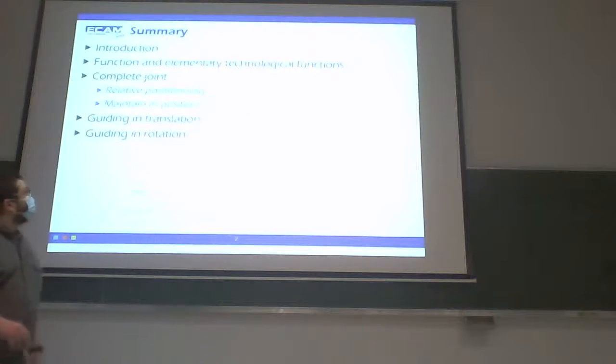We will see the different functions of a mechanism and how to realize three different joints: complete, revolute, and sliding joint. So the complete joint, guiding in translation, and guiding in rotation for the second one.